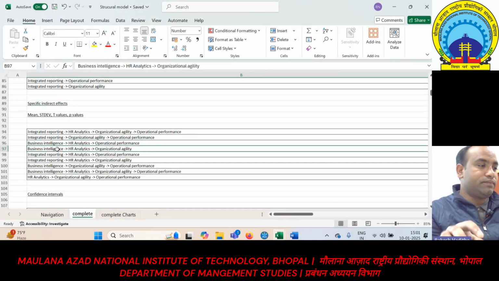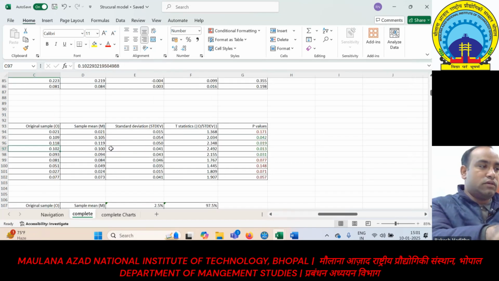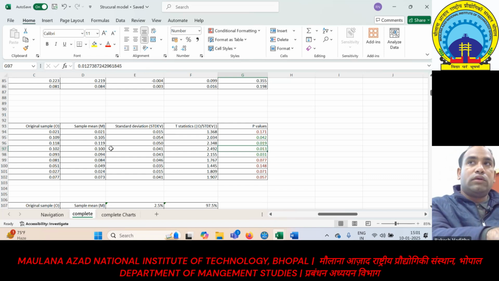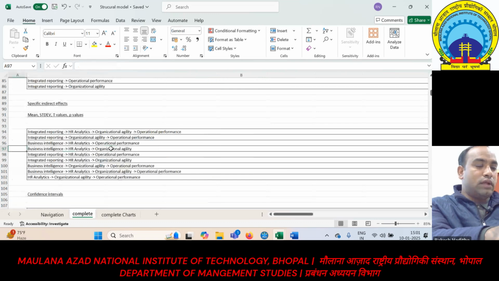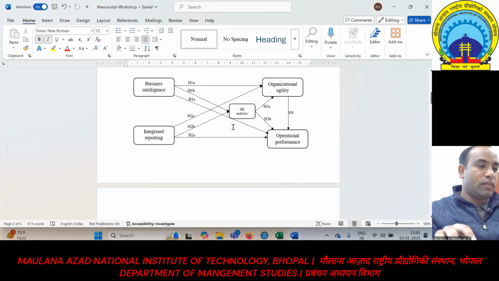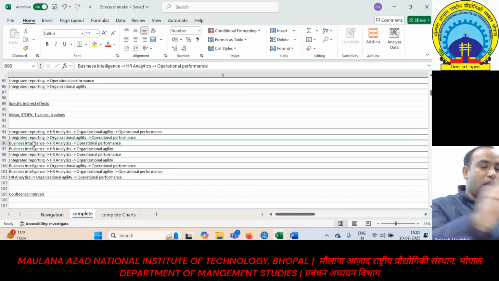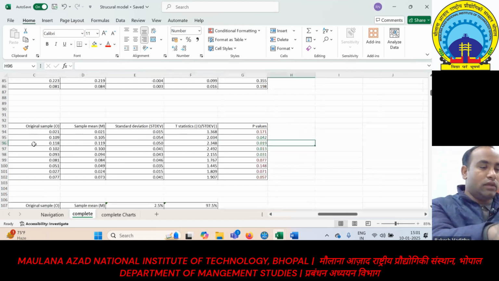It is getting a significance level, which means it is doing a mediating role. Then the next one: business intelligence to operational performance, with HR analytics as mediator. In that specific indirect, business intelligence, HR analytics, operational performance, it is also getting mediated.